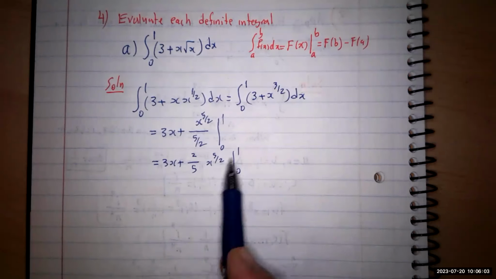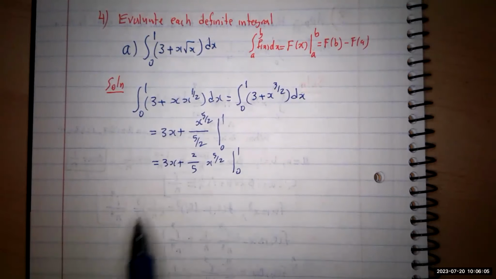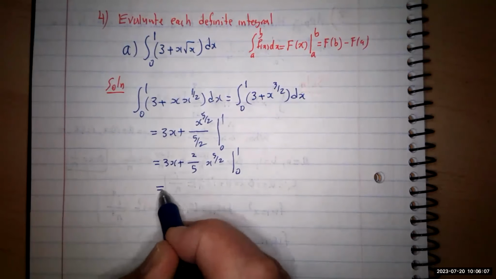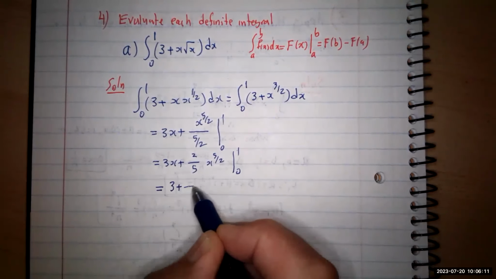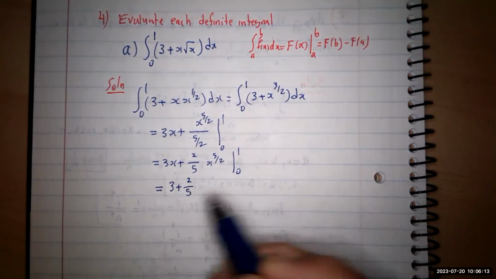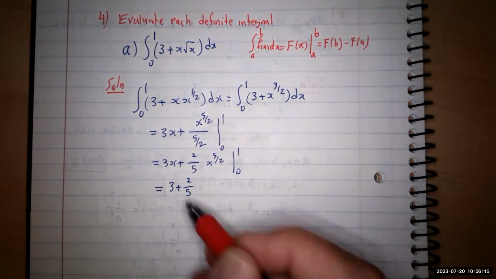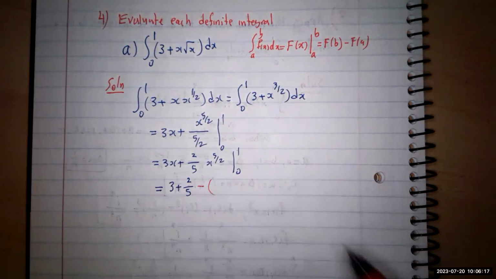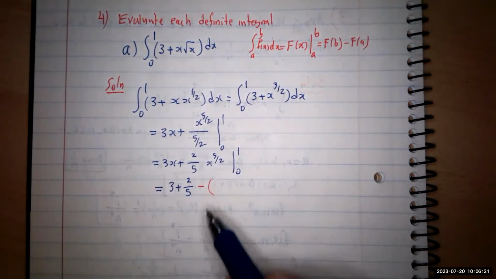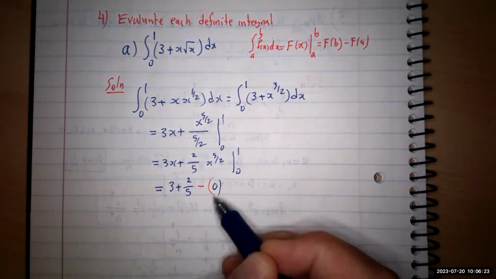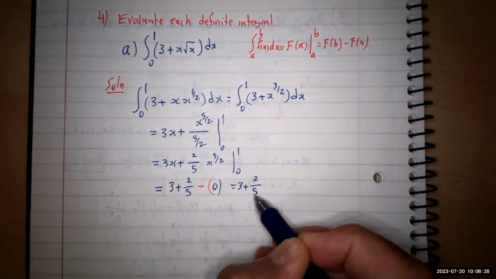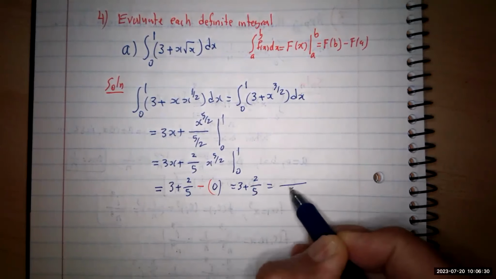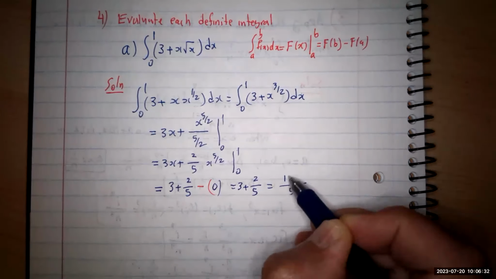So this means you replace the x by 1. That's easy. Replace x by 1, so that gives you 3 plus 2/5. Then minus, open up the parentheses, replace x by 0. In this case, it's easy, 0. So that gives you 0. So you have 3 plus 2/5. Common denominator would be 5. 3 times 5 would be 15.